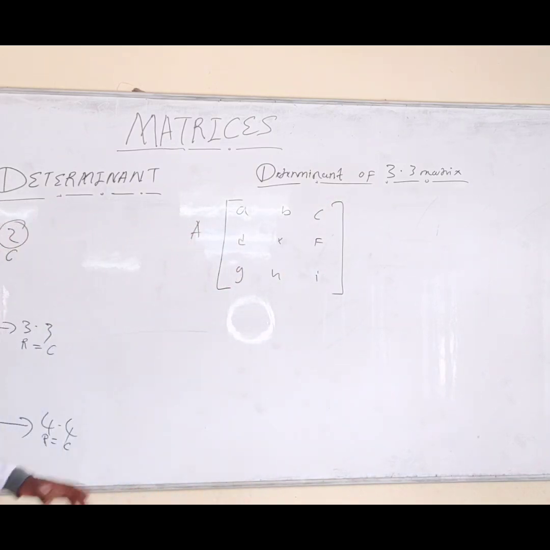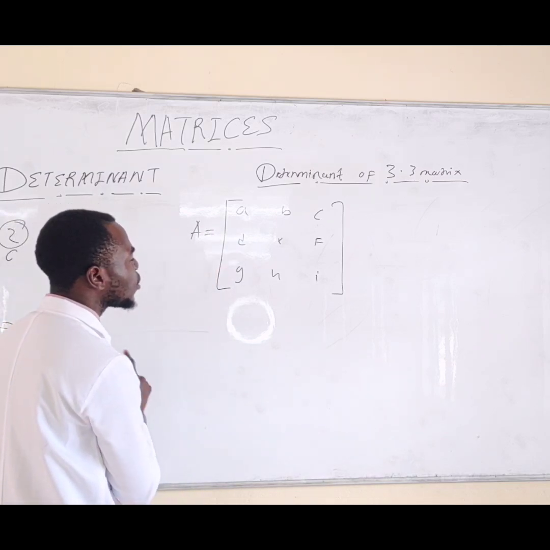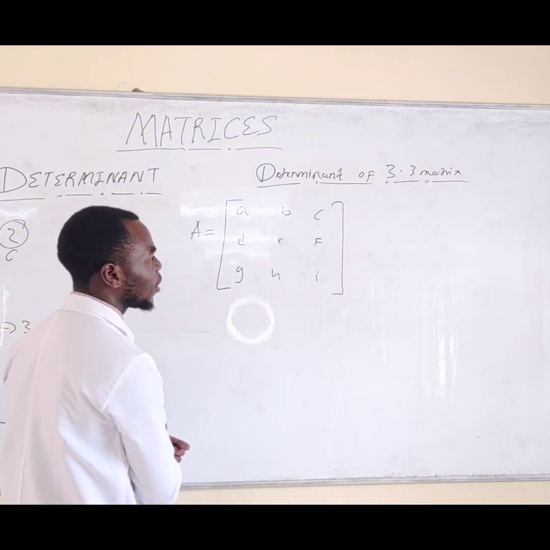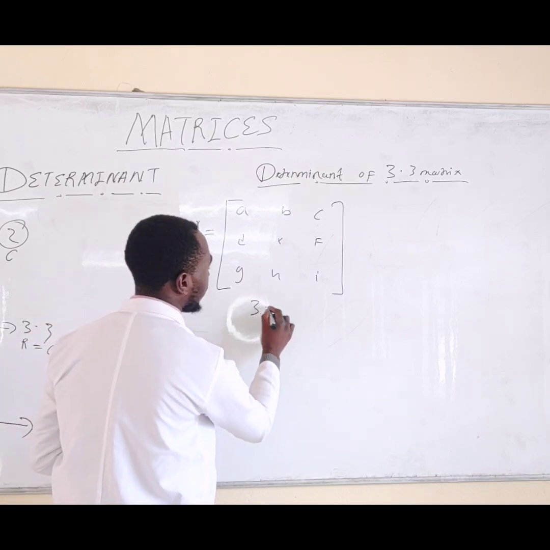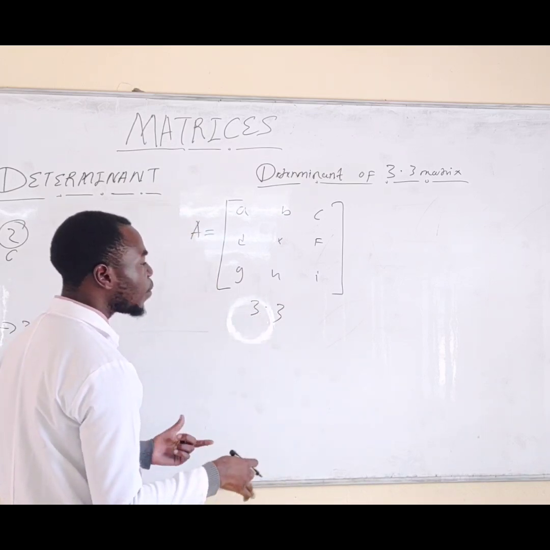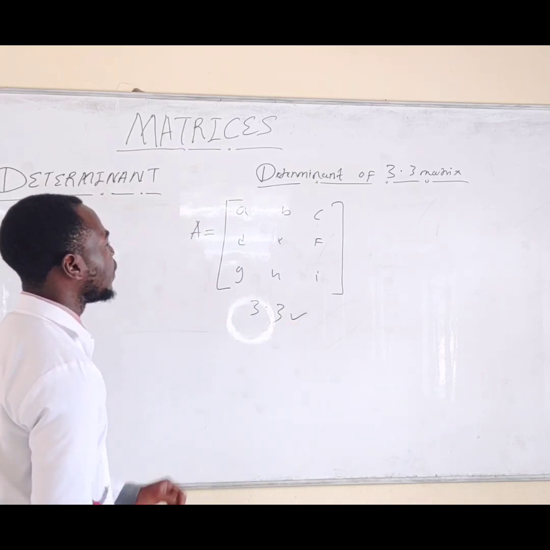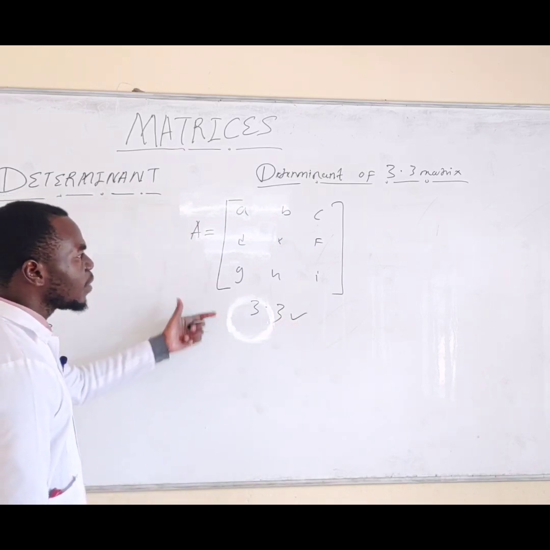To find the determinant of this given matrix, what are you going to do? Ask yourself, what's the order of this matrix? It is 3 by 3. Is a 3 by 3 matrix an example of a square matrix? Yes. It simply means you can find the determinant of this given matrix.